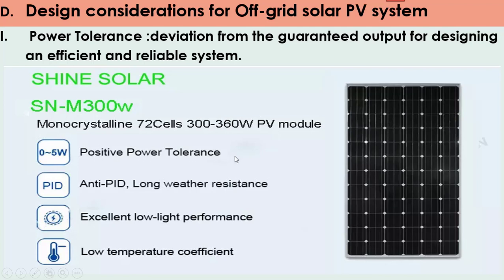This ensures that we can gain more energy in specific environmental conditions from the specified module. As we see, it means we can get 5 watt in addition to the nominal rated power of this module.